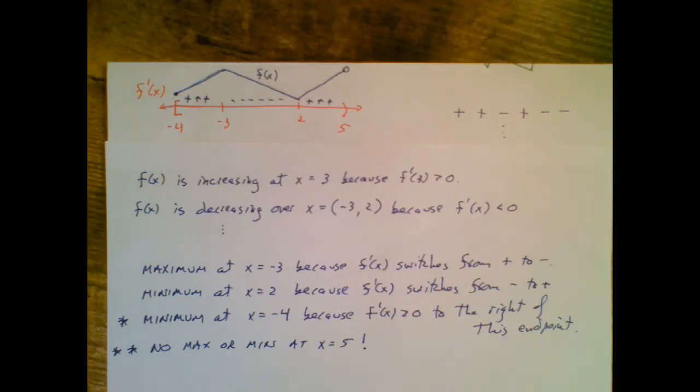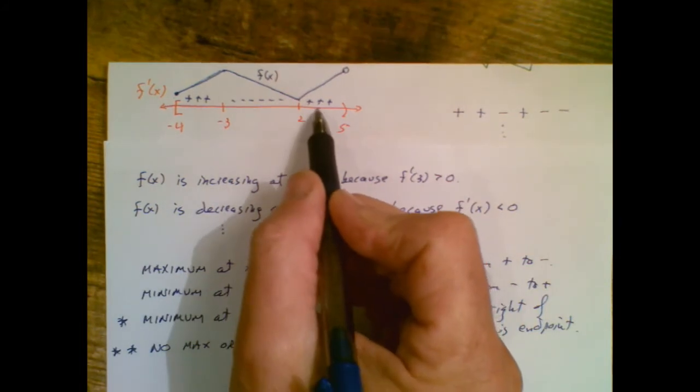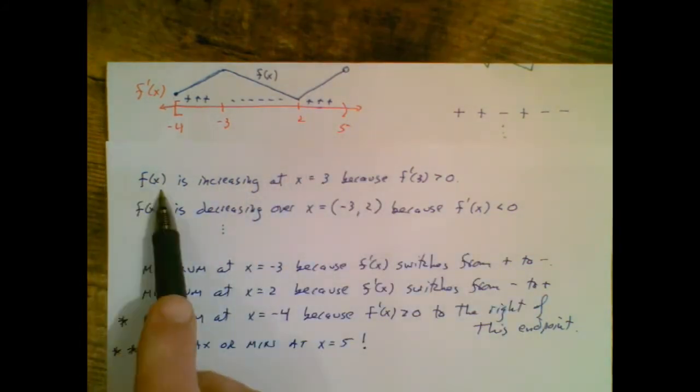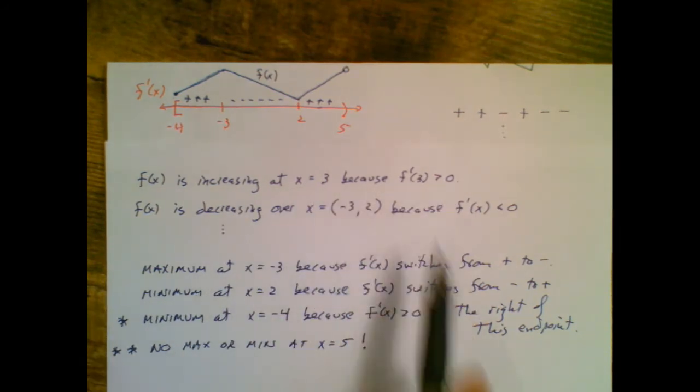Okay, I'm continuing on with that number line, but you see I have some writing here. So earlier I said that to get full credit for your calculus knowledge, you have to make sure that you justify in the AP style. So when they ask you questions, you need to give them a justification for your answer. For example, if they said, is function f of x increasing or decreasing at x equals 3, and x equals 3 is right here, you would say f of x is increasing because my first derivative is greater than 0.